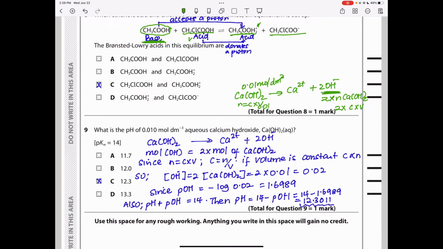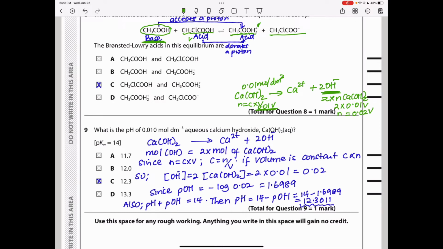The volume we do not know, so we consider this number of moles as 0.01 V. However, when I bring it down here, remember this is number of moles, so let me erase this. So this will be 2 times 0.01 V, so it's going to be 0.02 V, and this is number of moles.